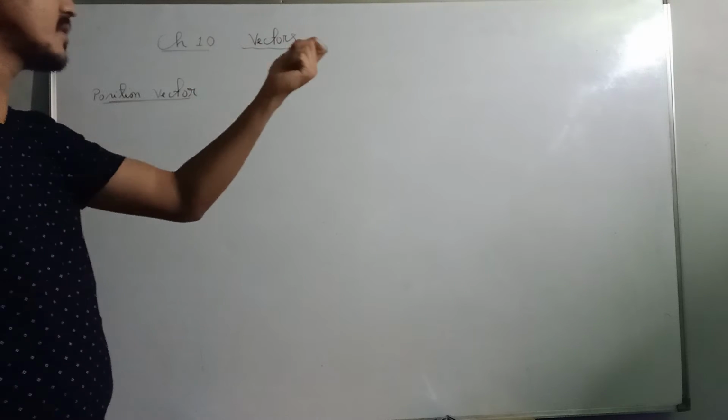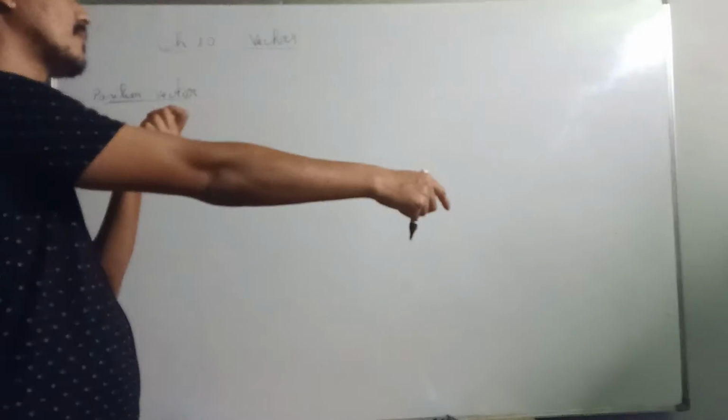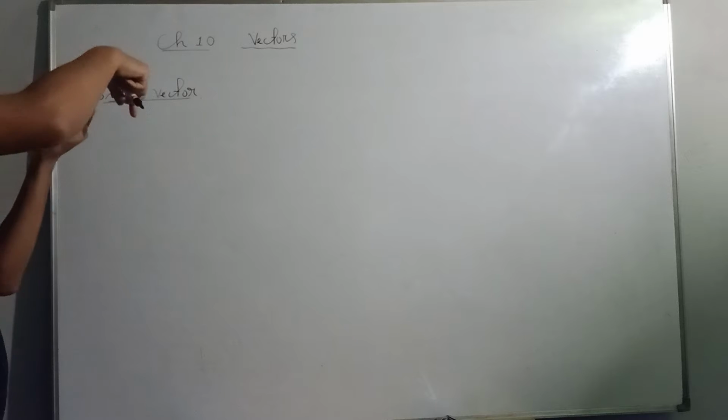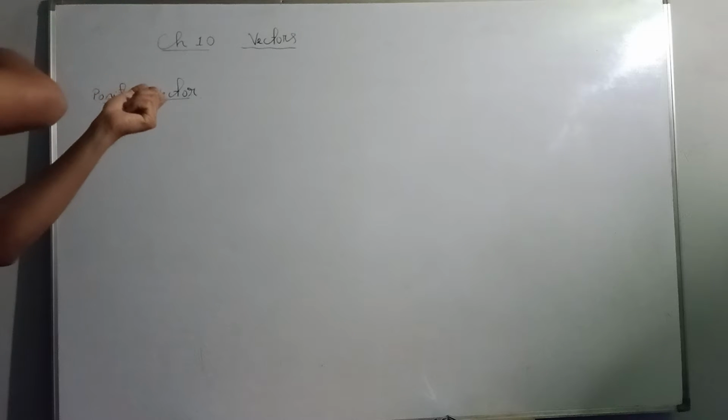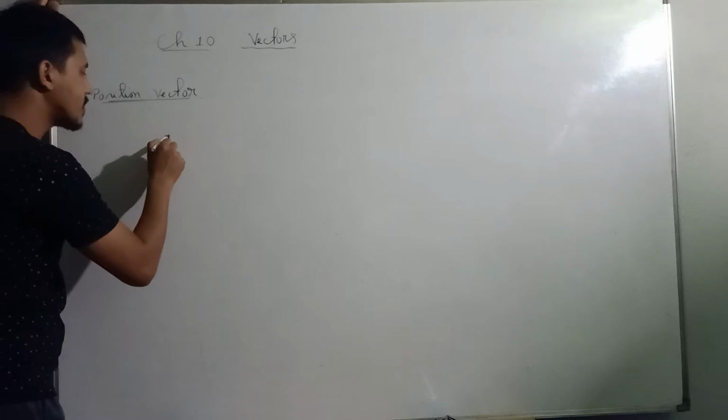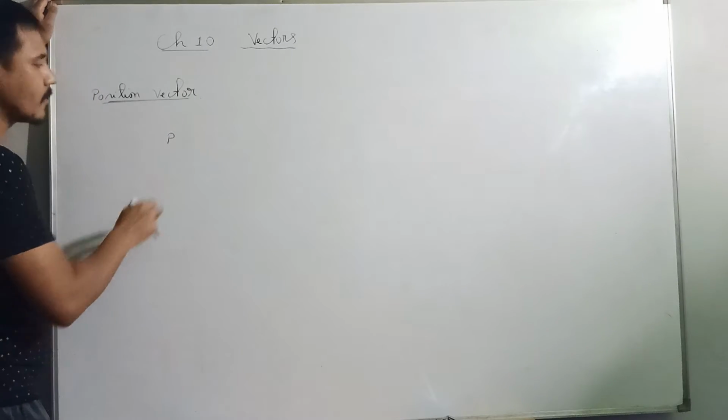If a point P is in space, it is at some distance from the x-axis, some distance from the y-axis, some distance from the z-axis, right? So what will be the coordinate of that point? Just in general, if a point P is in space, then what will be the coordinate of P?